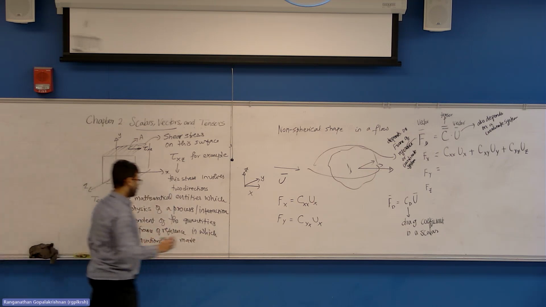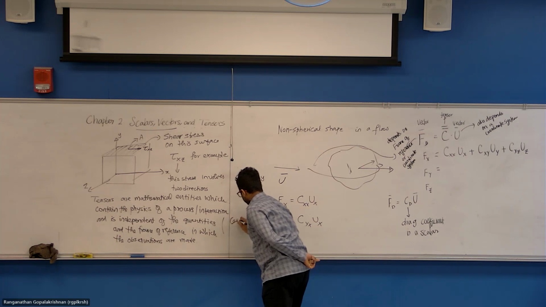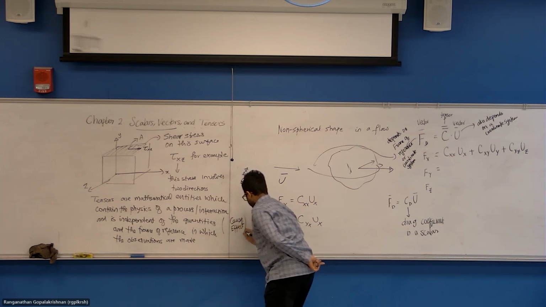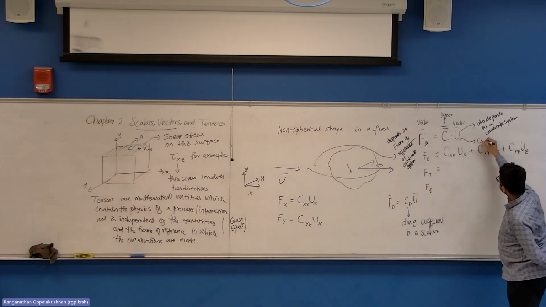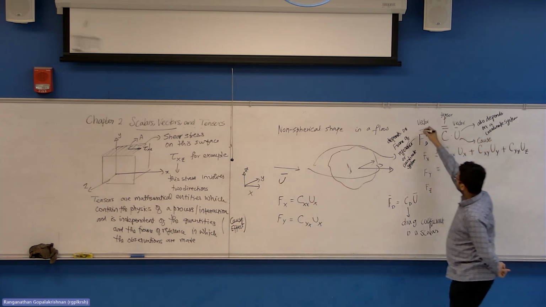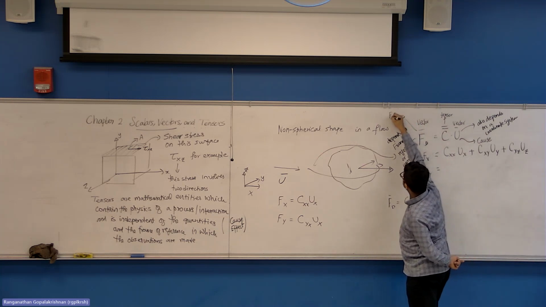And when I say quantities, usually I'm talking about a cause and an effect. I'll tell you what the cause here is. The cause in this case is the velocity and the effect is the drag force. Something happens and something happens because of that.